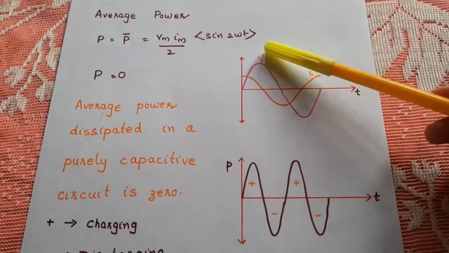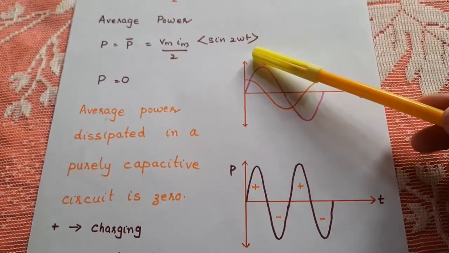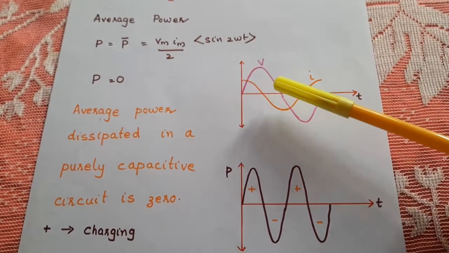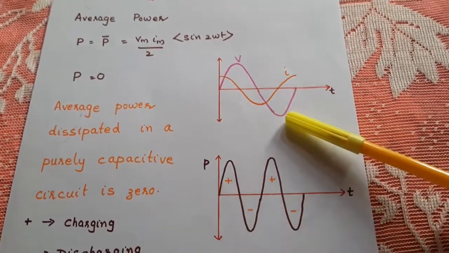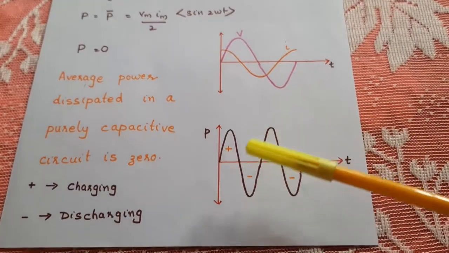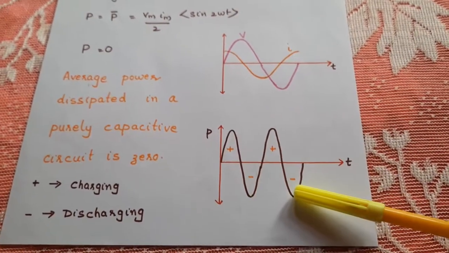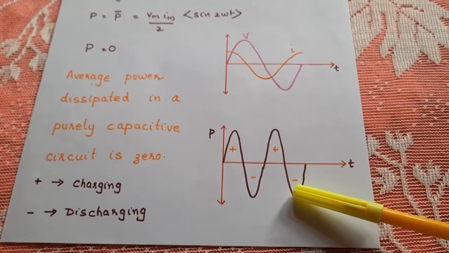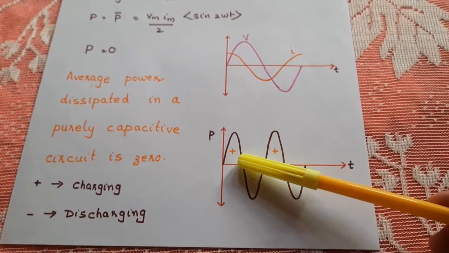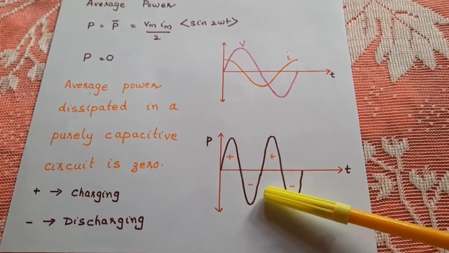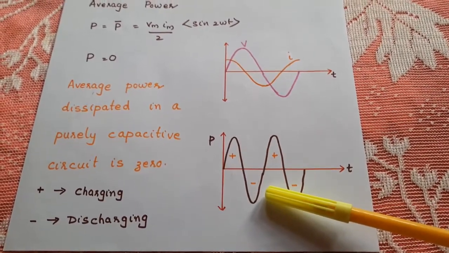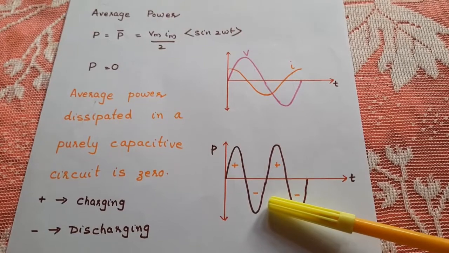But for the power, the frequency is 2 omega, double that of voltage and current. So when voltage completes one cycle, power completes 2 cycles. The positive half cycle corresponds to the charging of the capacitor and the negative half cycle corresponds to the discharging of capacitor.